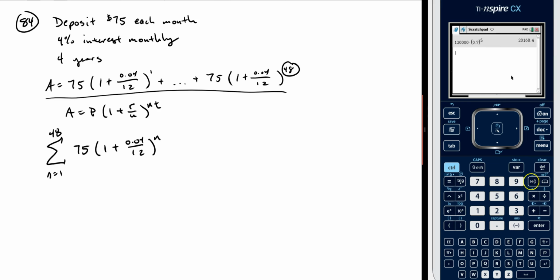And since we're doing that, I can use my calculator. I get N goes from 1 to 48.